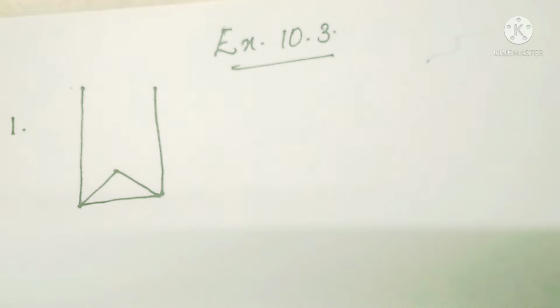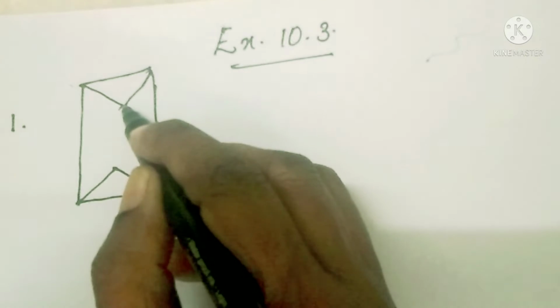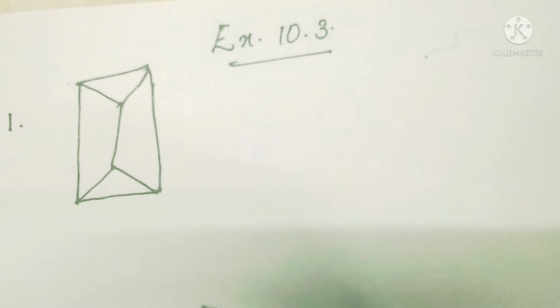You will have a triangular prism. In a triangular prism you have 2 triangular faces, and the 3 lateral sides will be rectangular parts. So in total it will have 5 faces.